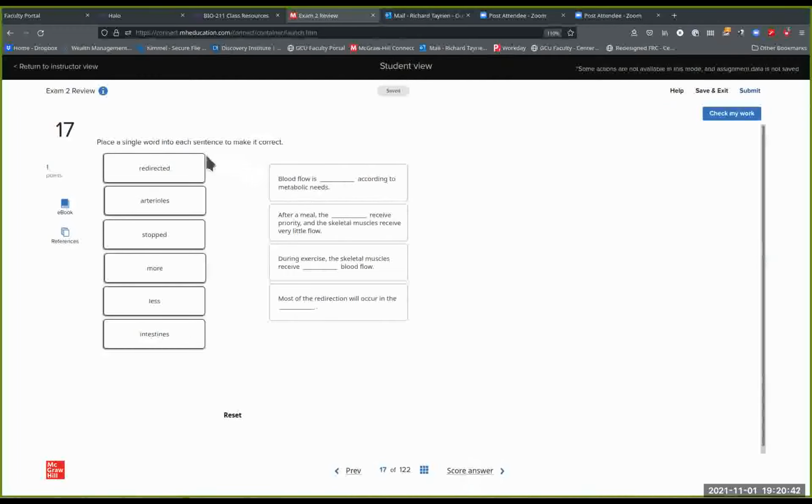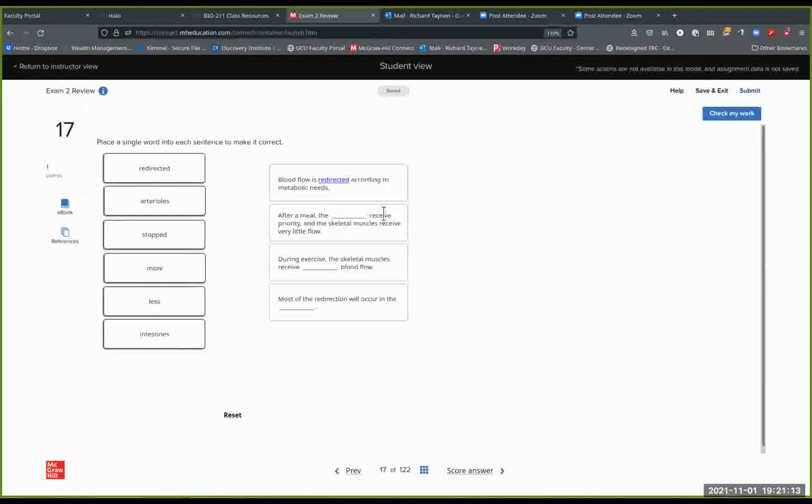Let's see. Single word in each sentence to make it correct. Blood flow. Oh yeah. So this is regulation of blood flow. So blood flow is blank according to metabolic needs. That'd be redirected, right? Where you're trying to increase blood flow where there's greater metabolic need.